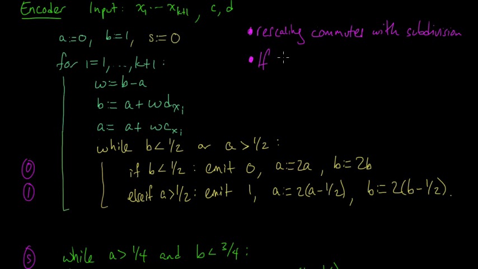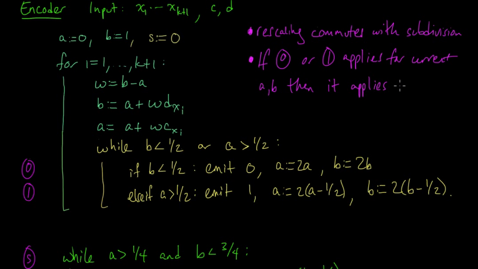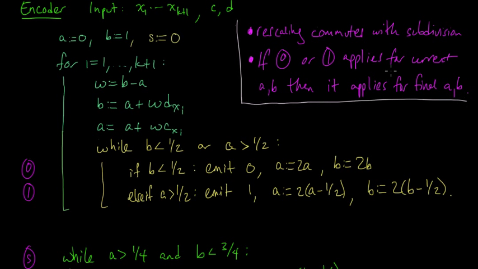If case 0 or 1 applies for the current A and B, then it also applies for the final A and B. And again, that's just because the final interval from A to B is always contained in the current interval from A to B. All right. So this algorithm does the same thing as the other one.